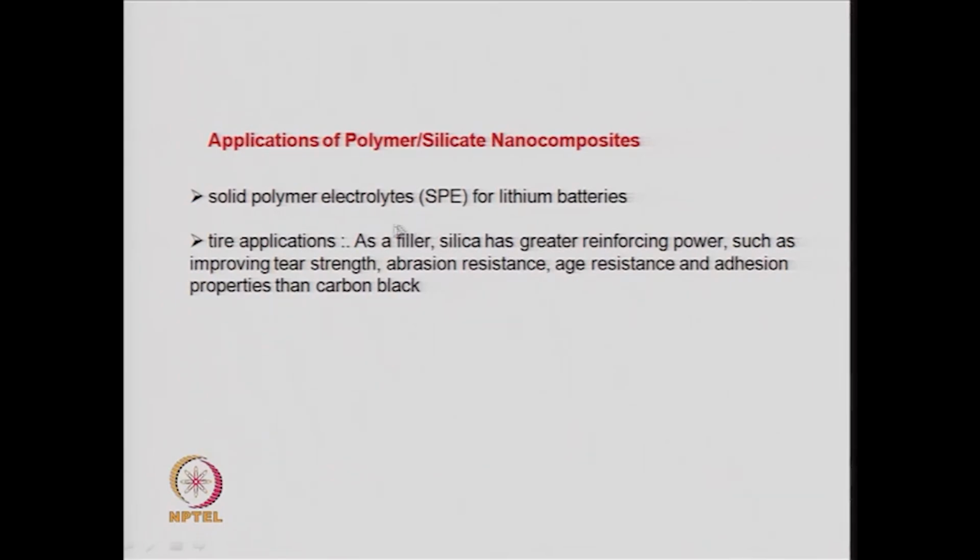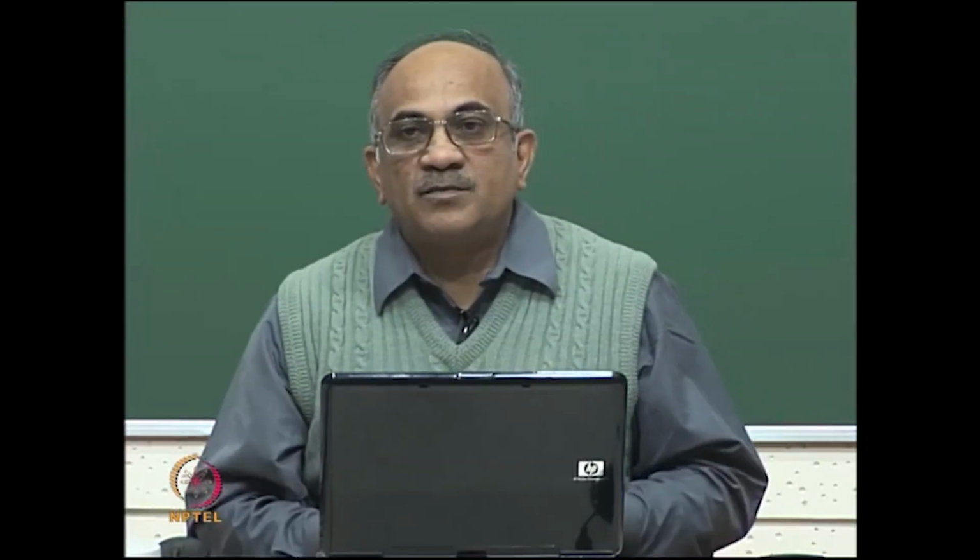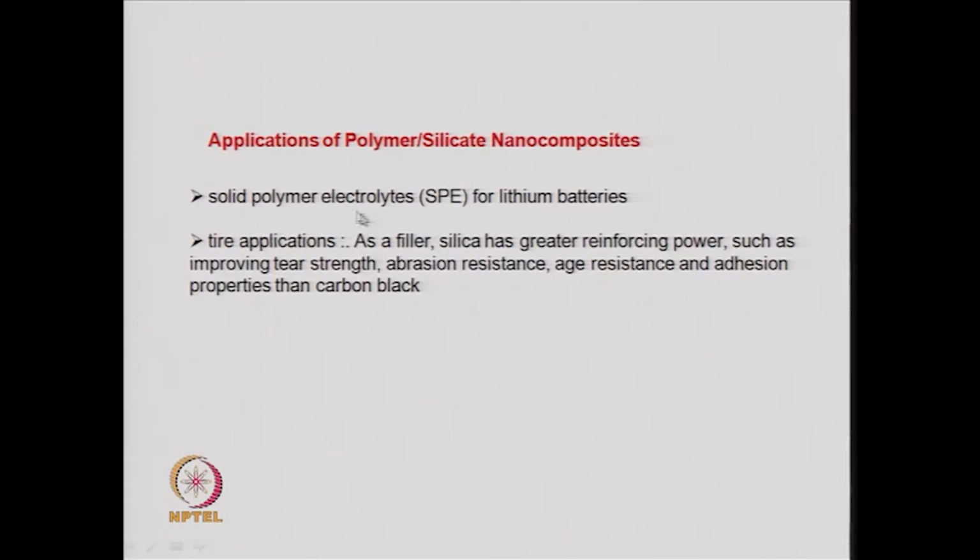One is in lithium batteries, which is one of the most important areas of research and development for the industrial world because of the energy crisis. Solid polymer electrolytes are required for lithium batteries, so this is a rich area where these polymer silicate nanocomposites are used as electrolytes.